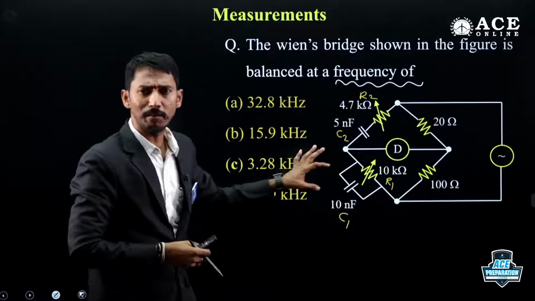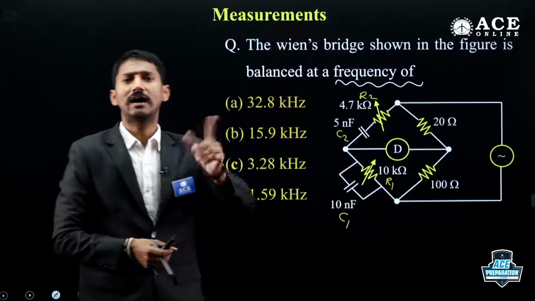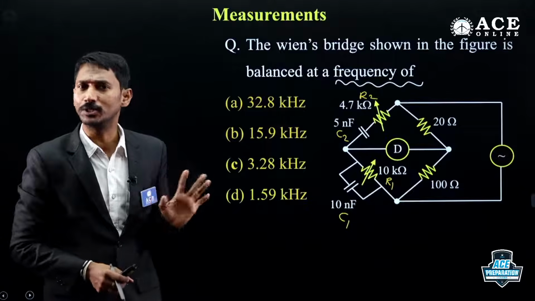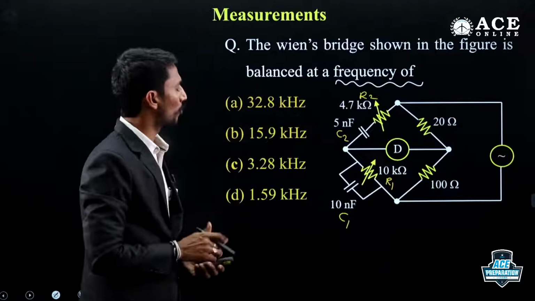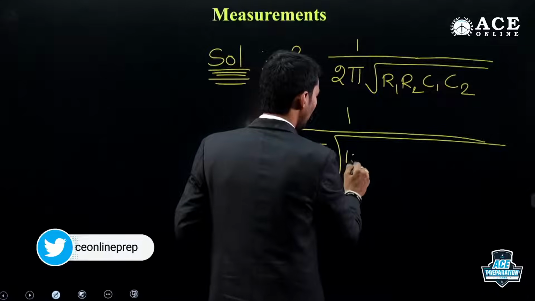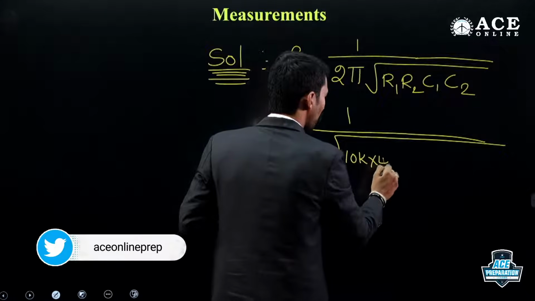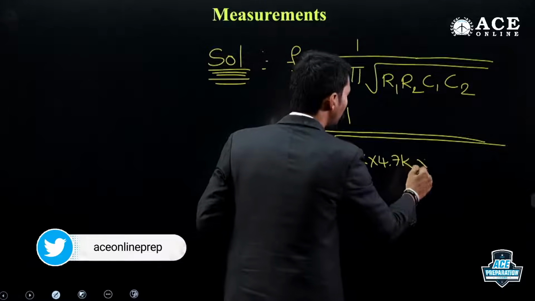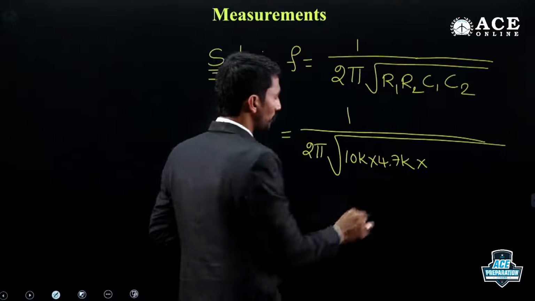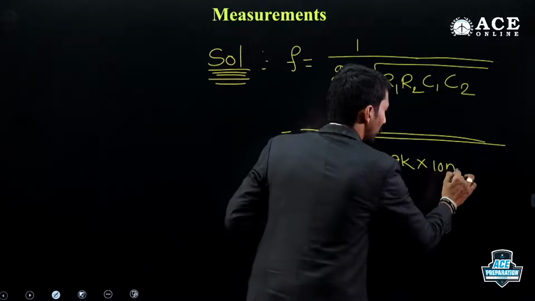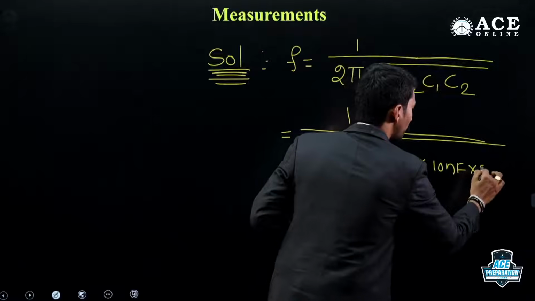Nothing but RC parallel, RC series, R1, R2, C1, C2 will be there. So substitute that. R1 10 kilo, R2 4.7 kilo, 10 kilo into 4.7 kilo into C1, C2. C1 10 nano, 5 nano, 10 nano into 5 nano.